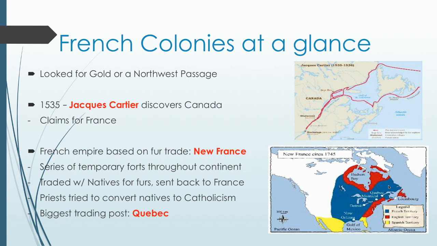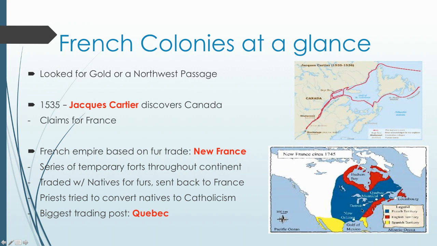They're going to have the best relationships with the natives for a couple of reasons. One, because they trade, and two, because they are having to follow the beaver. That means that they can't stay in one place for too long, because if they stay in one place, they kill all of the beavers in one place, sad. And then they can't stay there anymore because all the beavers are dead. They have to move further. And so when you look at this map here, you see the French territory.